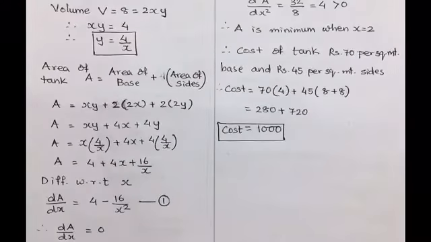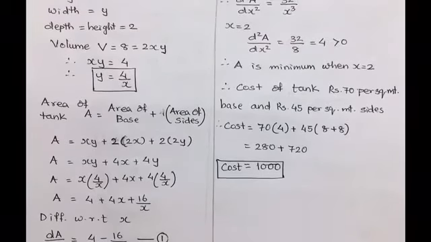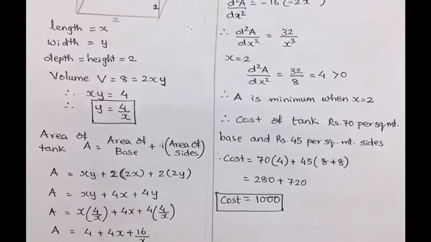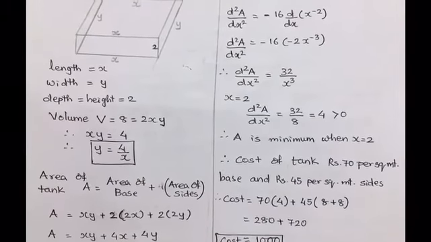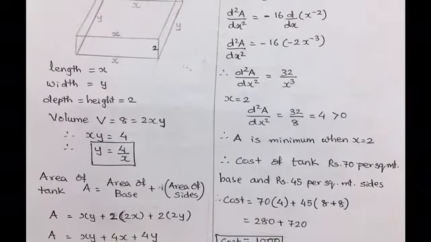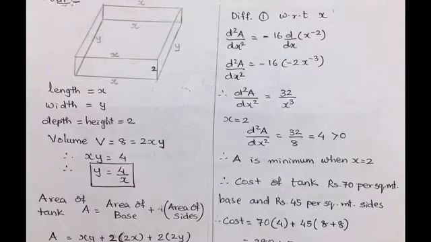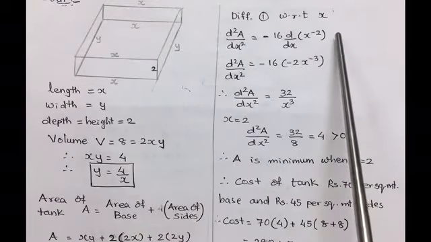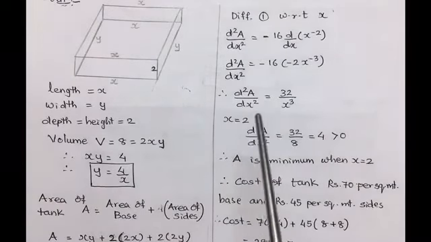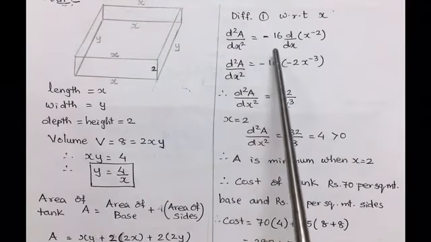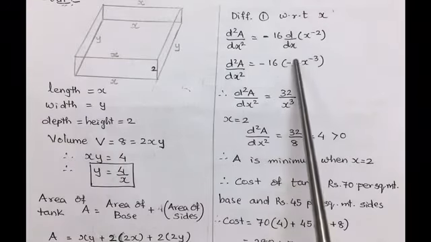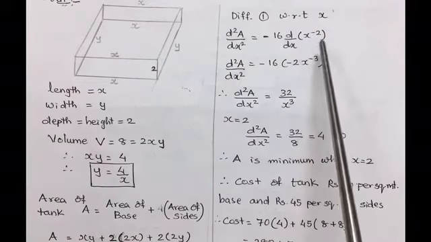Now for minimizing the area, we have to go for the second derivative, that is differentiating dA by dx again with respect to x. That gives us d square A upon dx square is equal to minus 16 d by dx of x raised to minus 2.